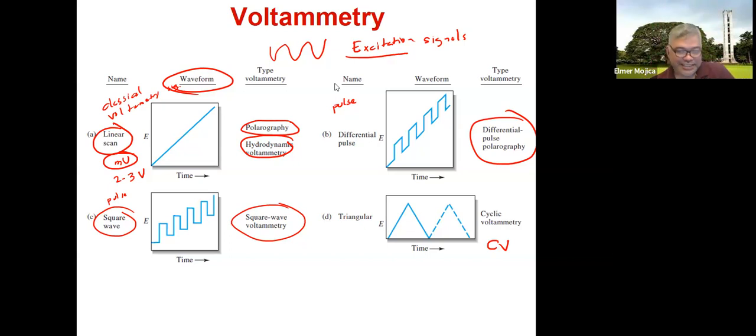Because one of the things that they do there is a CV. So the CV usually doesn't do an analytical study. It's more on looking at the electrochemistry of the material that you use in modifying your working electrode.